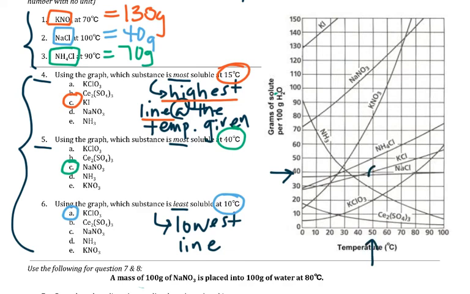If we follow that point, we can tell that we are actually below the solubility curve for our ammonium chloride. In order to have that saturated solution, we need a point that falls on that line. So again, at 50 degrees Celsius, we go all the way up, and in order to have a saturated solution, that requires 50 grams.